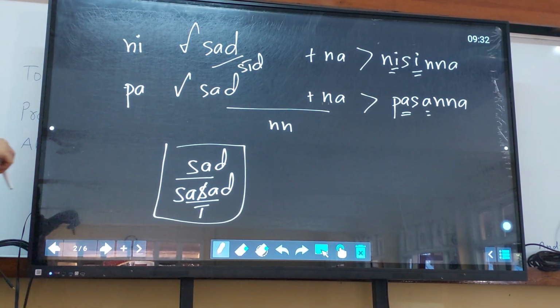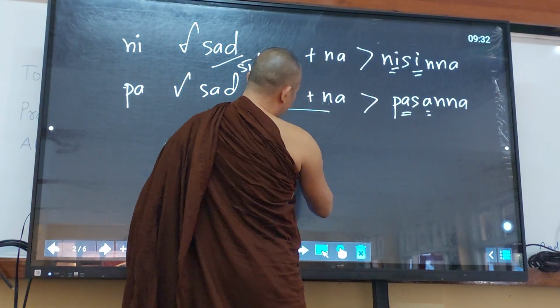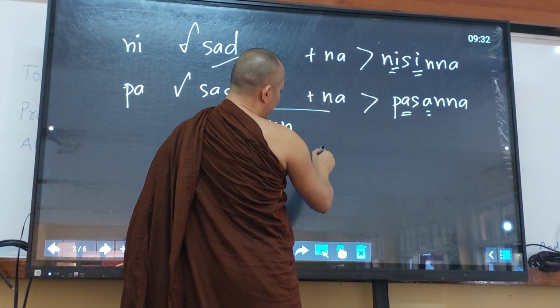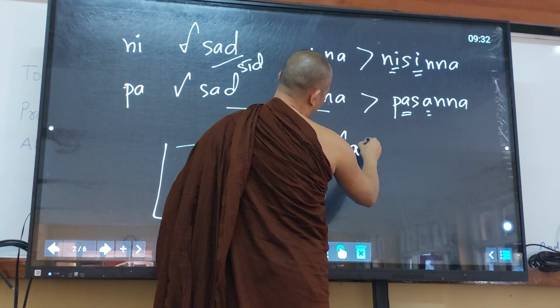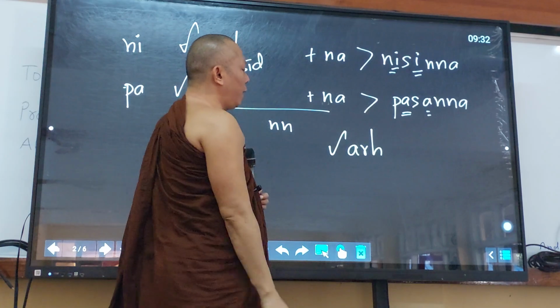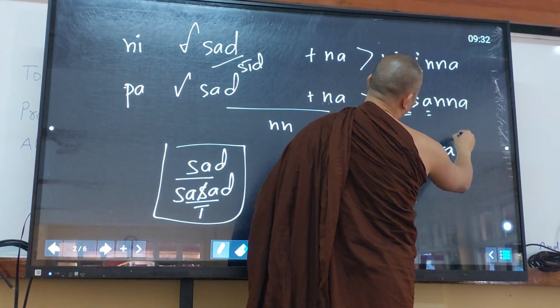So for example, one word. The root is araha, but as a verb form, we get the arahati.